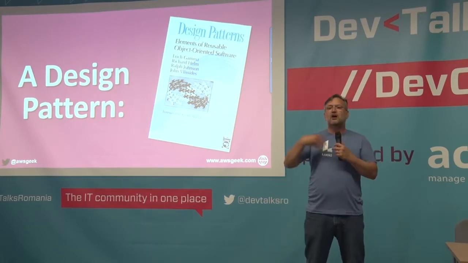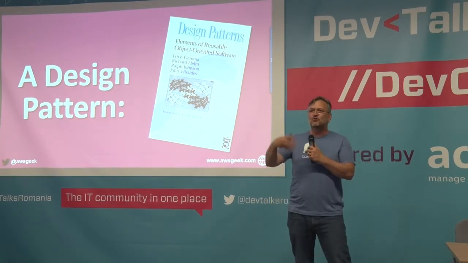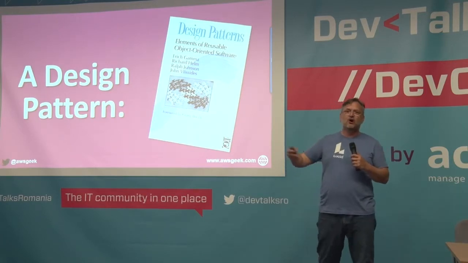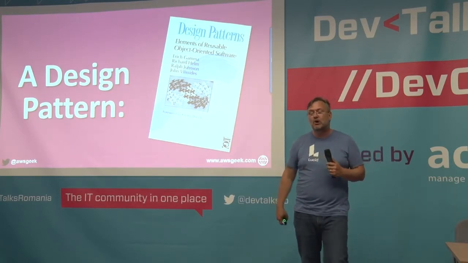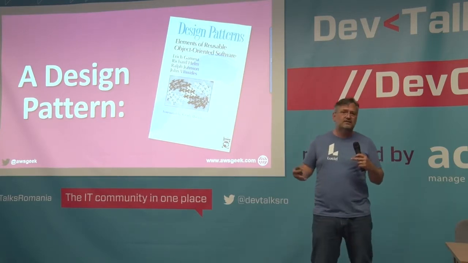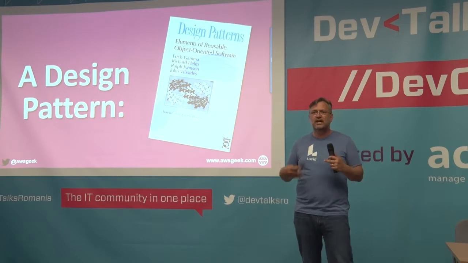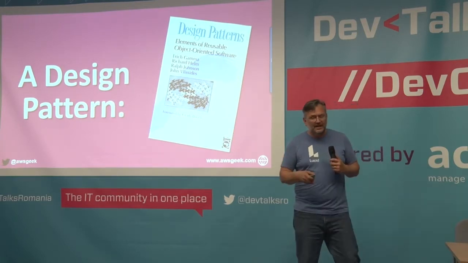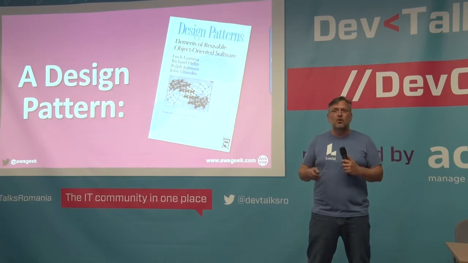I can talk to you, and you're writing code in Python, or Ruby, or Go, about a visitor pattern or some other type of pattern, and we can talk the same language regardless of the actual language we're using to implement it in. It also allows us to reuse design patterns from one project to another.